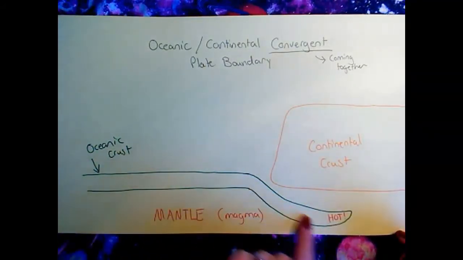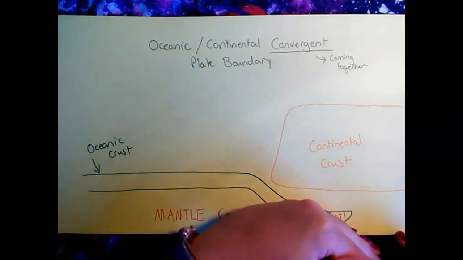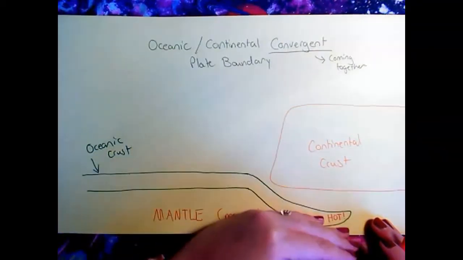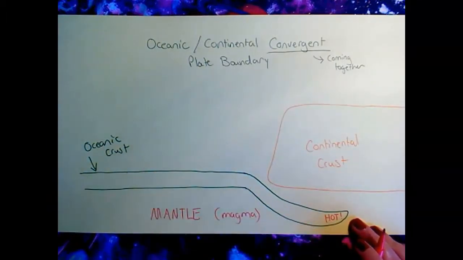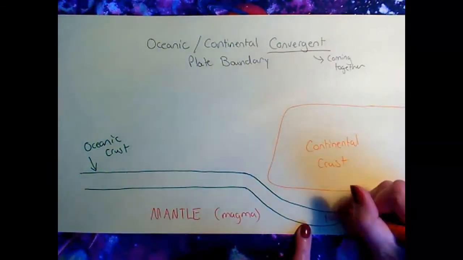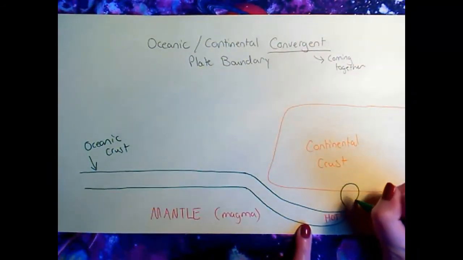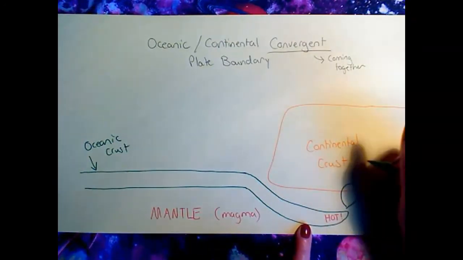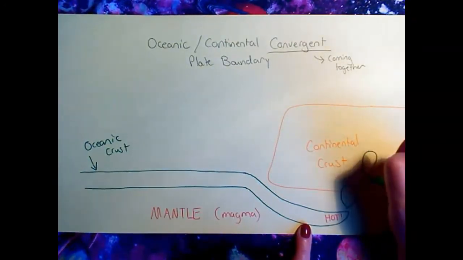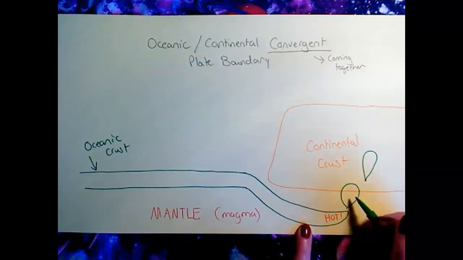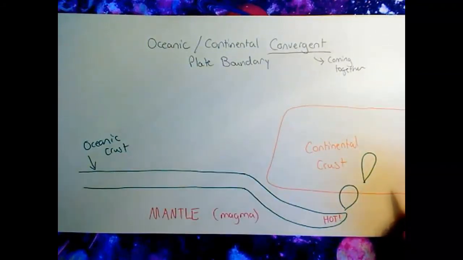The piece of oceanic crust that gets shoved under the continental crust is going to get very hot. What do things do when they get hot? They're going to start melting. So what's going to happen is you have pieces of this oceanic crust that are going to start melting. And again, the same thing kind of with convection.